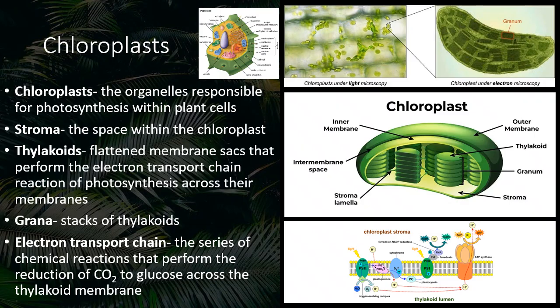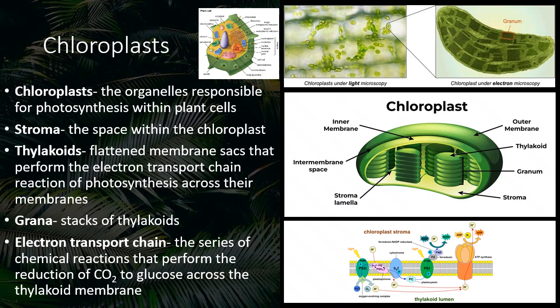And the thylakoids are probably the most important part of the chloroplast because they are performing a series of chemical reactions across their membranes that together make up the complete photosynthesis reaction. So that's called the electron transport chain. It's actually a series of smaller, stepwise reactions to complete our whole photosynthesis reaction.